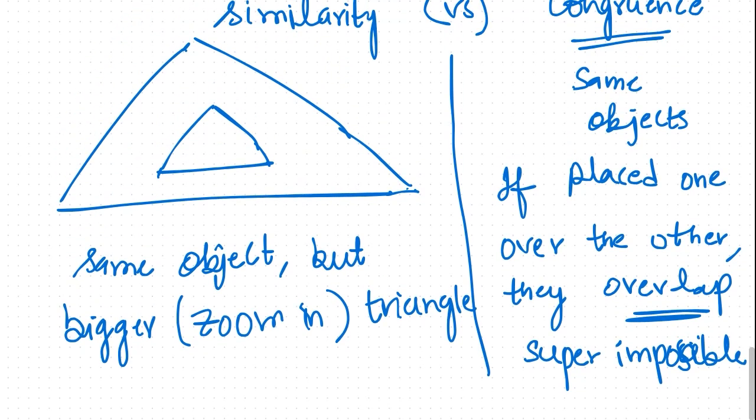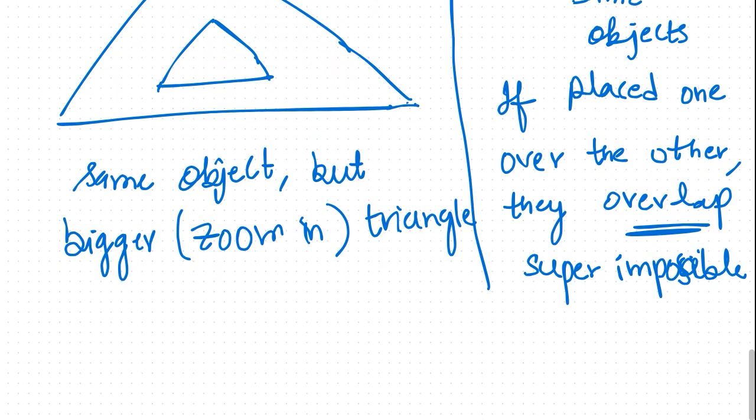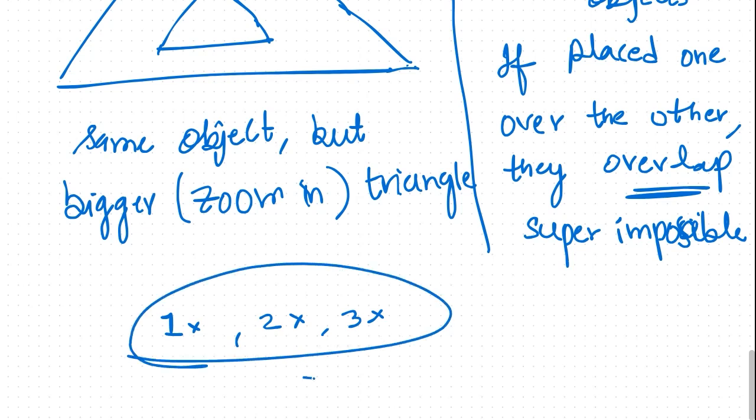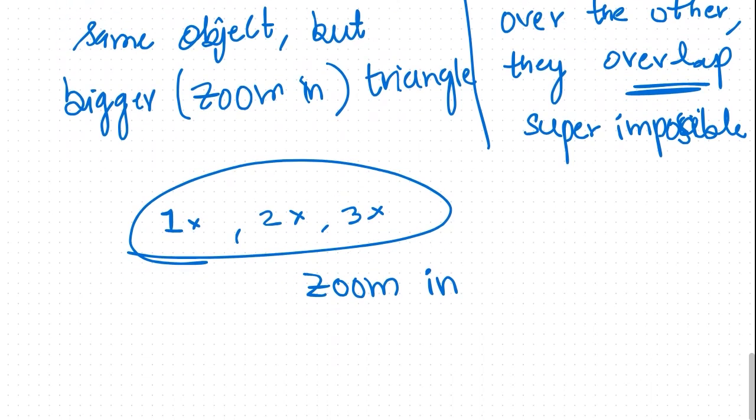To study similarity, we need to understand the concept of zooming in and zooming out. In the camera, you might have seen the numbers 1x, 2x, 3x, right? These are zoom in. You might have also seen 0.5x.